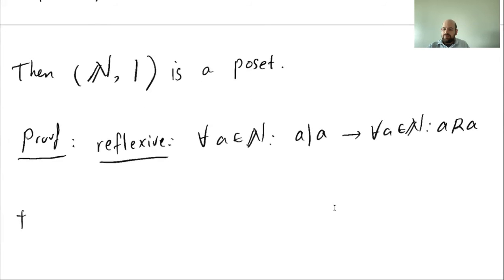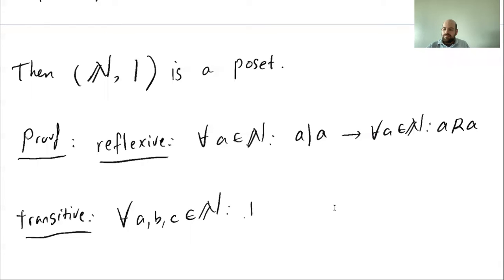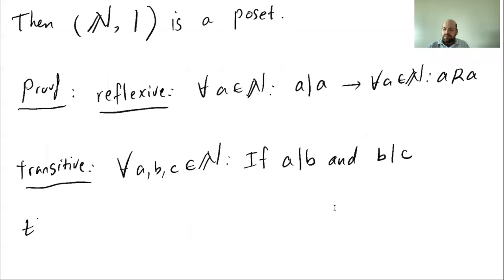And then we have transitive. Transitive means for every A, B, and C in N, if A divides B and B divides C, then A divides C, right? This property has been proved.